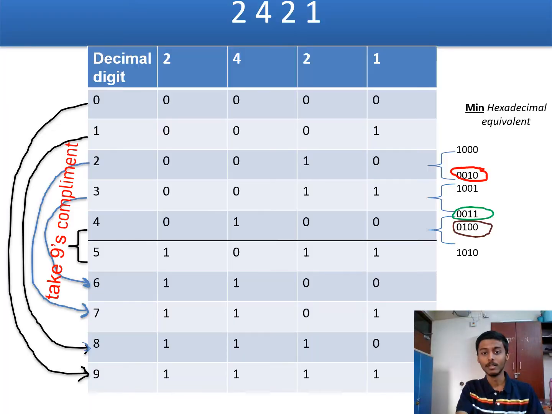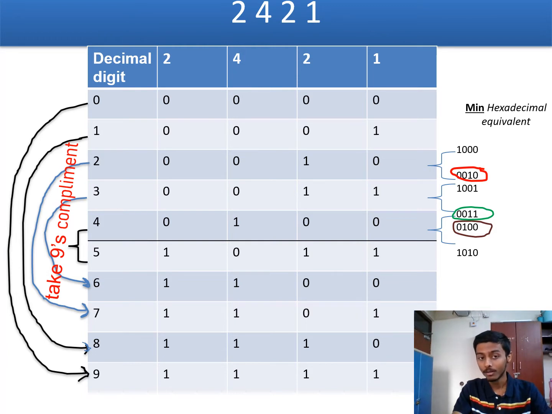Now we start with 2421 coding. It is a bit complicated code, but no problem, we'll try to understand it. For 2421 code, first we write all the decimal digits, and then write their equivalent weighted form. For example, for 0, no weightage is given to any of the bits, so obviously it will be 0000.